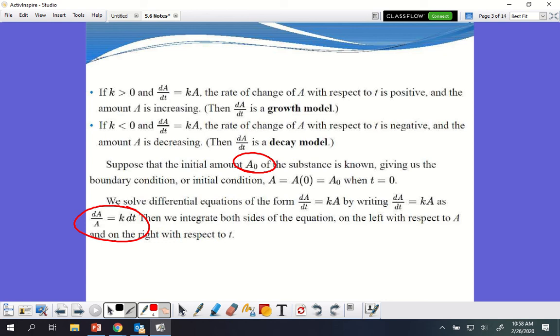If you look closely, algebra happened. We multiply both sides by dt, yes, that's how the dt got over here. And what do we do over here? Divide by A. Then we integrate both sides of the equation, on the left with respect to A and on the right with respect to t.